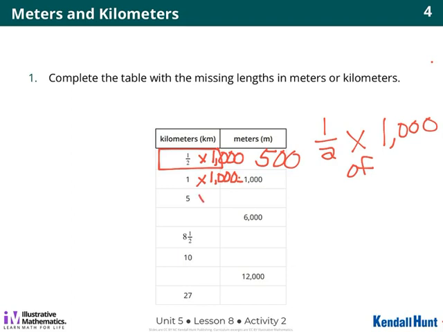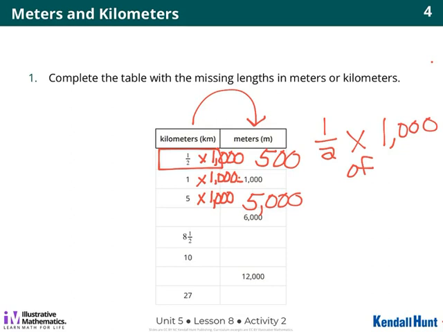Okay, now we're going down to 5, and we're doing it times 1,000 because that's our connection here, right? Our relationship. So what should that equal? 5,000.